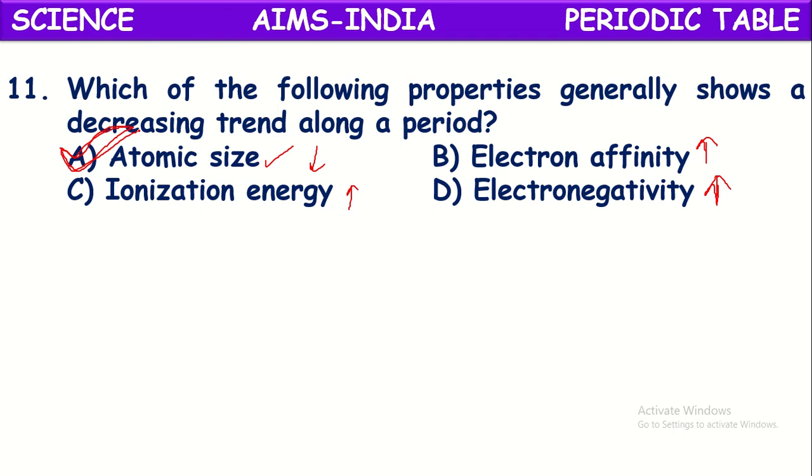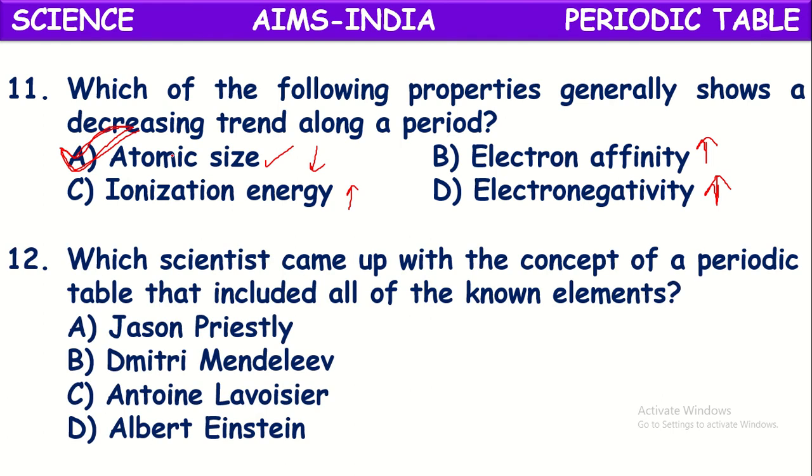Okay, next one. Which scientist came up with the concept of a periodic table that included all the known elements at the time? Yes, he was Dmitry Mendeleev, who succeeded in classifying all the available elements at the time into a tabular column.